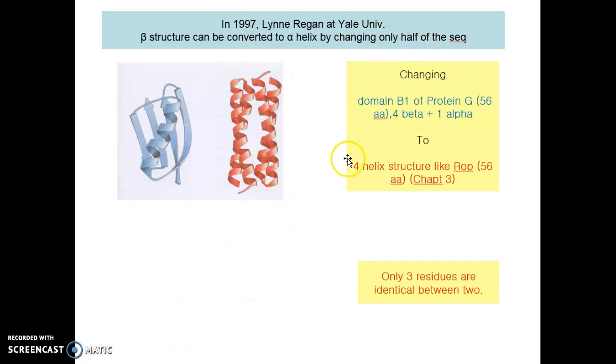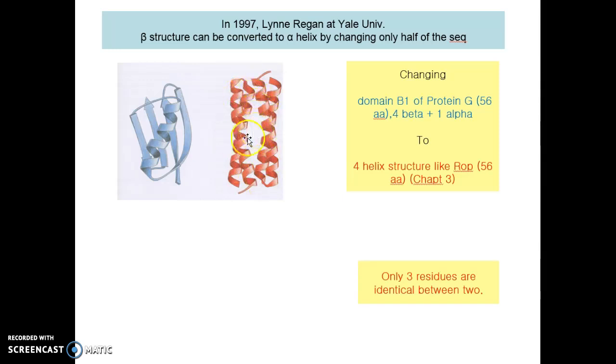They started with domain B1 of protein G, 56 residues long, which has this kind of structure, four beta plus one alpha. The goal was to get this kind of alpha helix bundle, shown here, called Rop, which has a similar length.